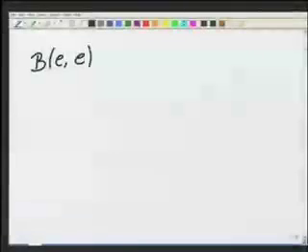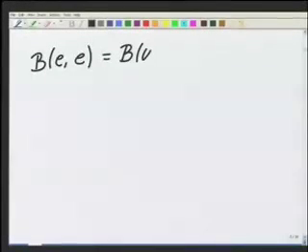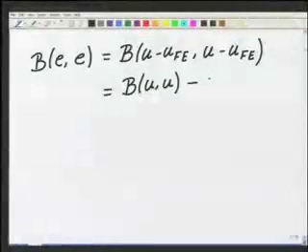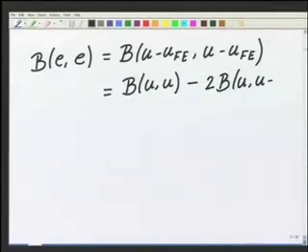So if I have the strain energy, then I can expand it. This will be equal to b(u, u) minus twice b(u, u_fe) plus b(u_fe, u_fe). This is a very simple job to do because these are nothing but integrals. We expand the integrals out and you can see the bilinear form coming out to be of this type.